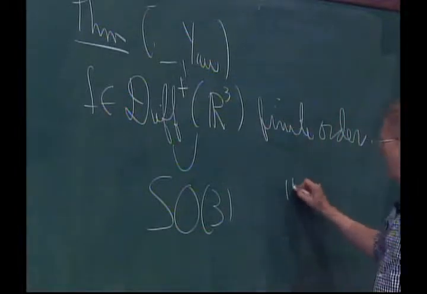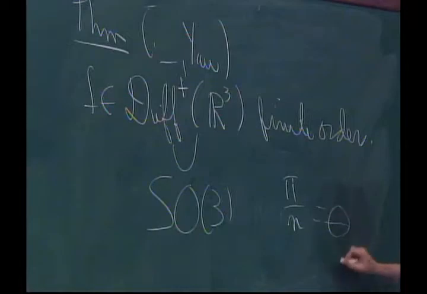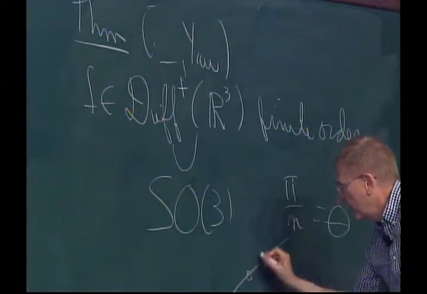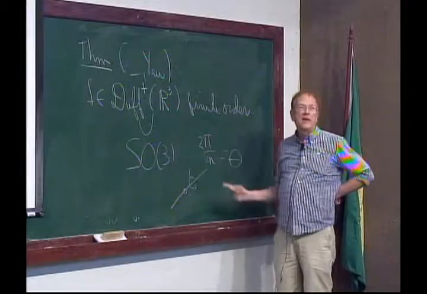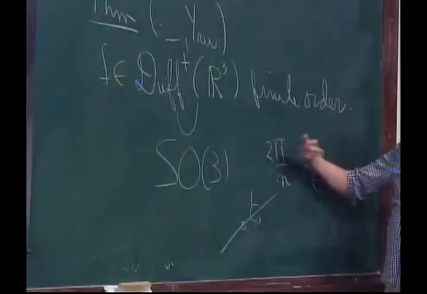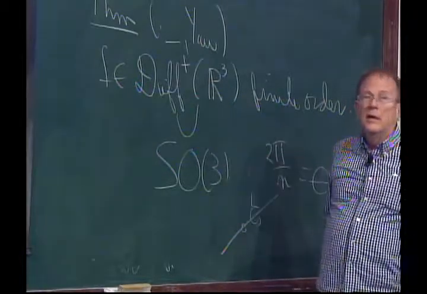So, for example, you could rotate around a straight line going through the origin by angle 2 pi divided by n. Rotate by 180. That will give us examples of finite order diffeomorphisms.